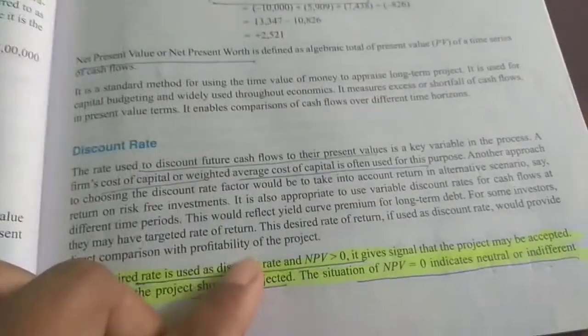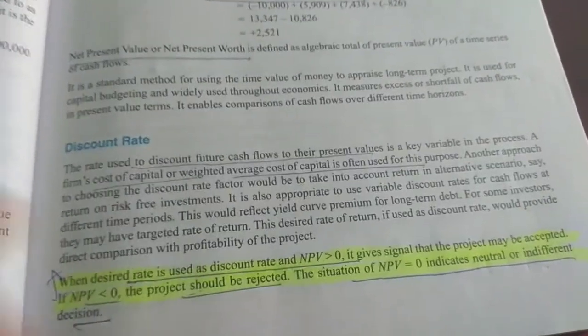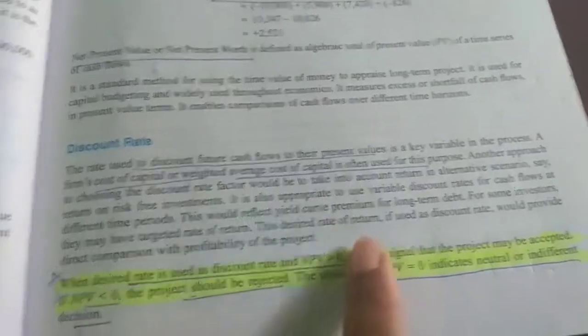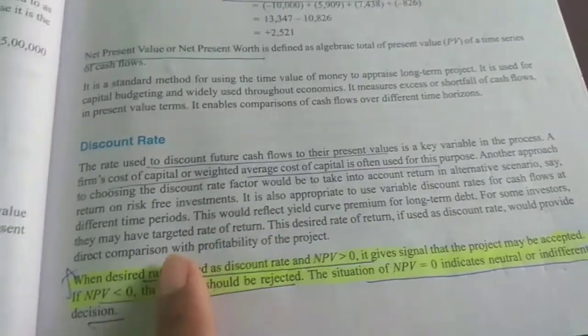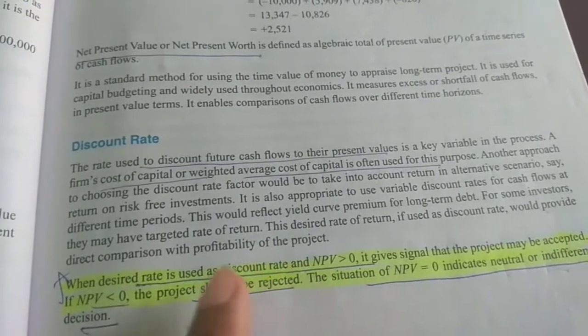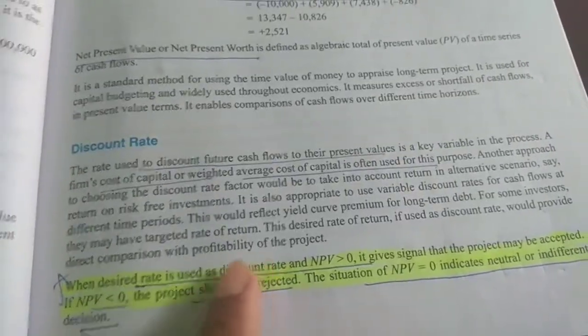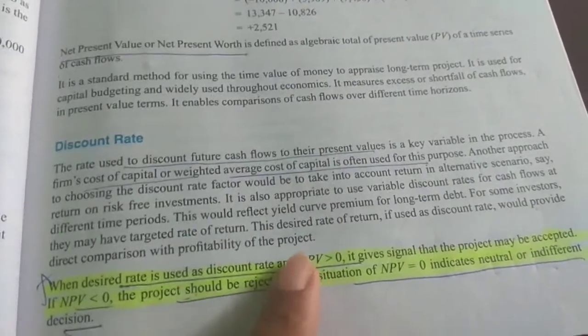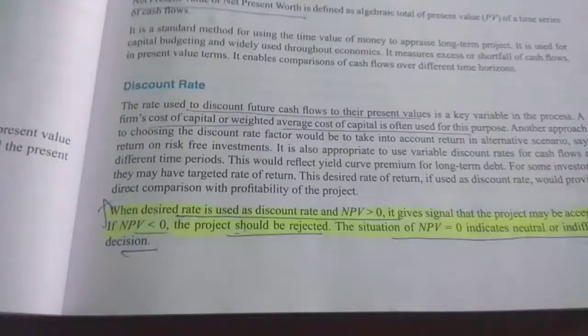So if the rate of return they want and the actual discount rate are compared, then we can know whether the project is profitable or not, and tell whether we have to accept that future project or not.